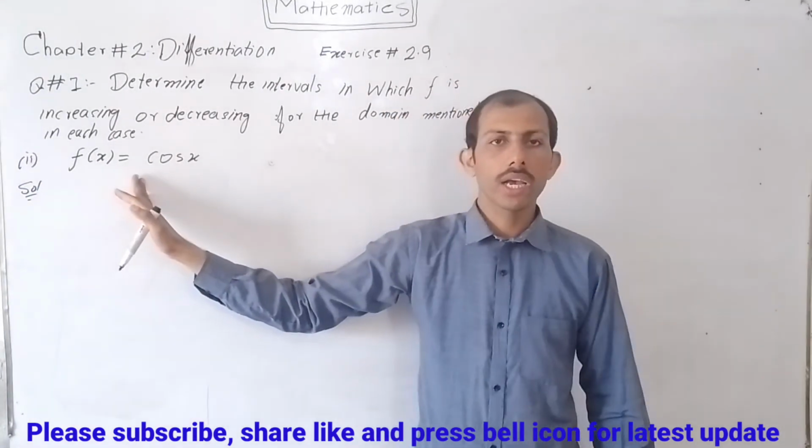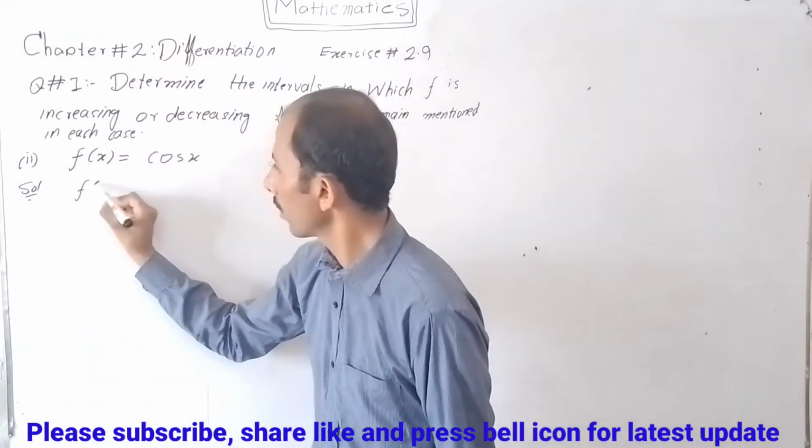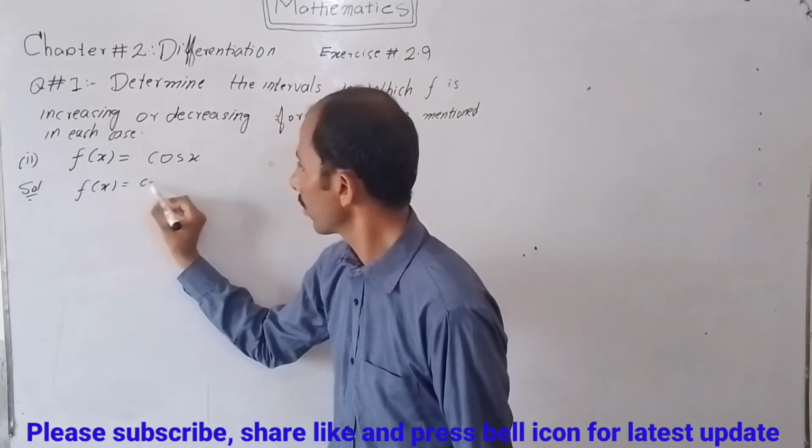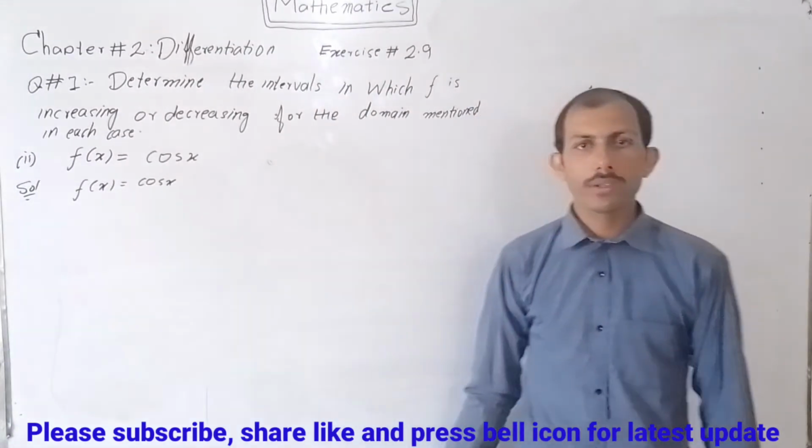First, as it is, f of x is equal to cos x. Differentiate with respect to x on both sides.